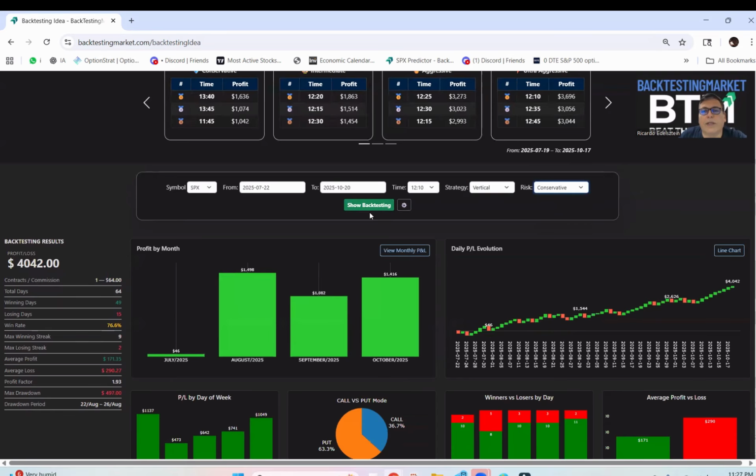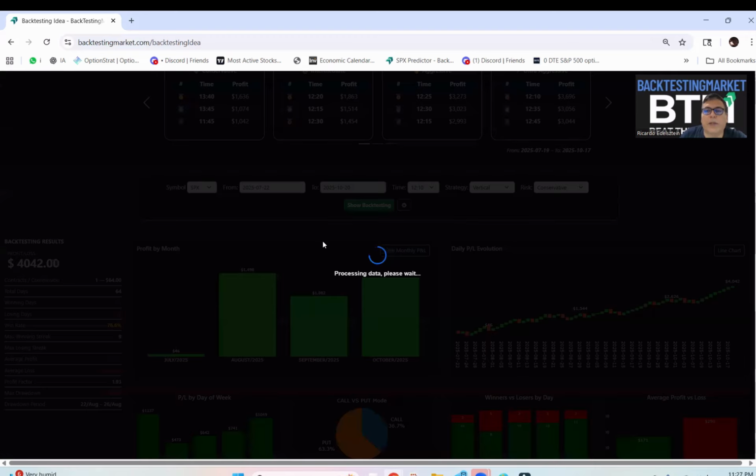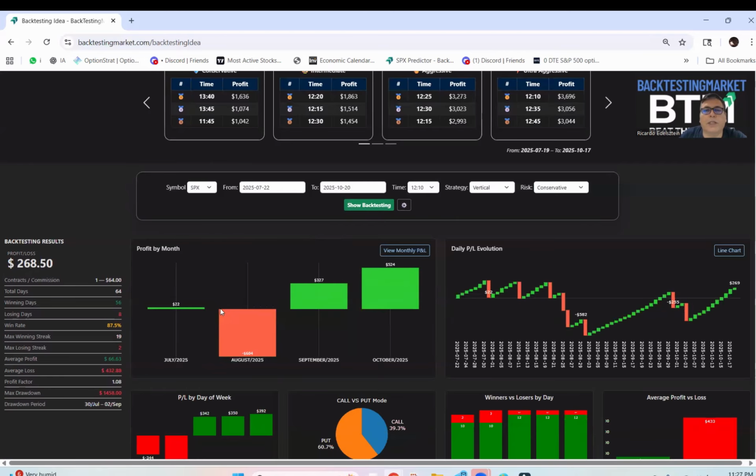You will see that because the credit you receive is lower, the hit you're going to receive is higher. So that's why analyzing the ultra aggressive is probably going to be more profitable than the conservative.